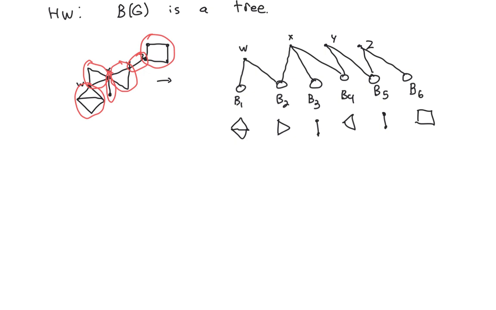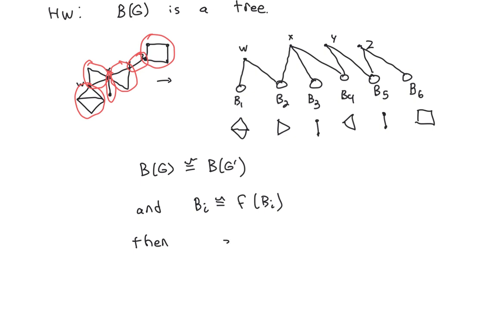And a stronger exercise we won't do here is that if you had block graphs of 2 different graphs that were isomorphic in a way that preserves the bipartitions, and each of the corresponding blocks on one side were isomorphic to the corresponding block on the other side, then you actually have the same graph up to isomorphism. In other words, if you know the block graph and you know the structures of the blocks themselves, then you actually know the graph.